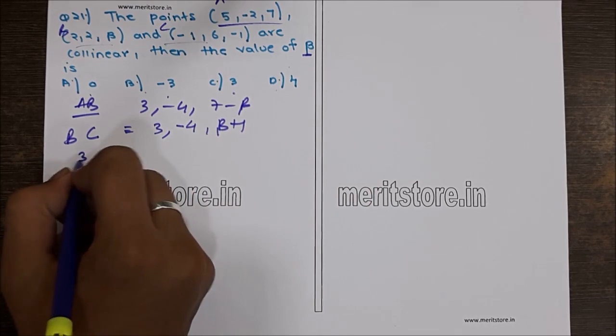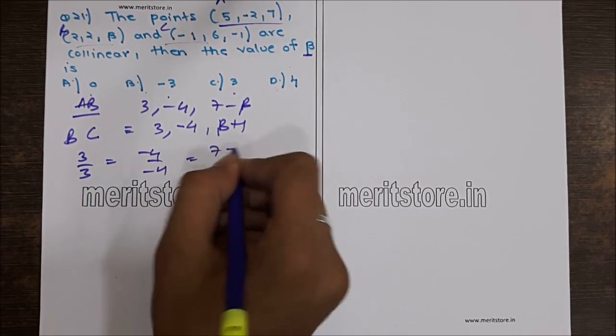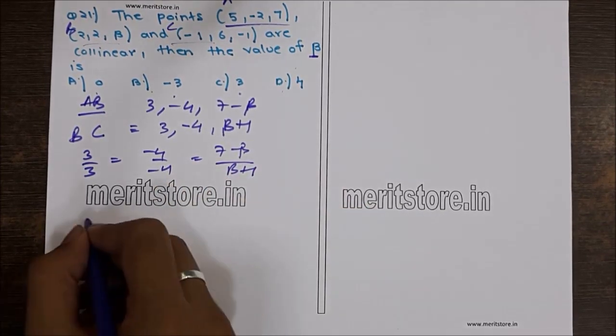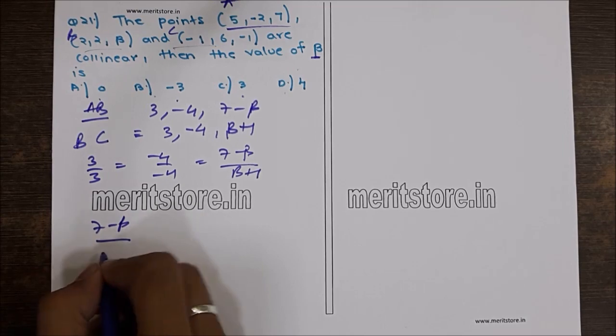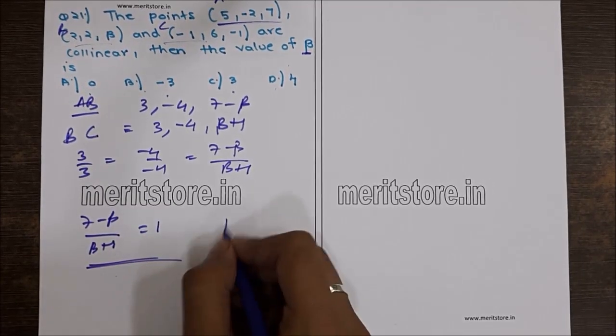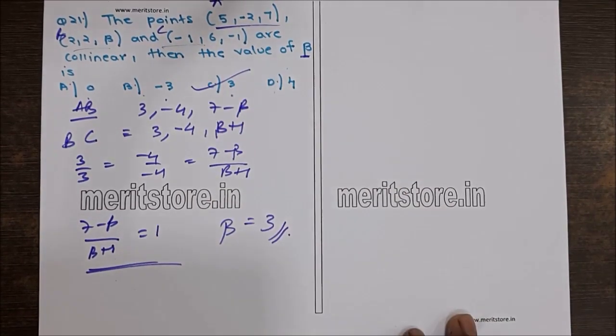So since these are collinear, we will get 3 upon minus 4 is equal to 7 minus B upon B plus 1. So here we will get 7 minus B upon B plus 1 is equal to 1. Now further simplifying this, we will get B is equal to 3. So our correct answer is option C.